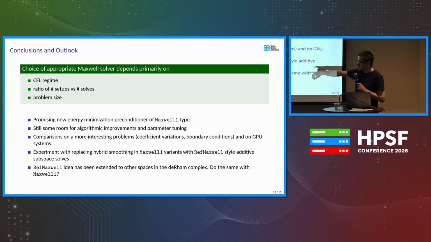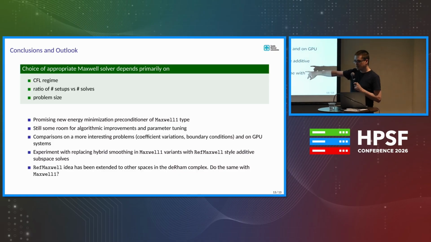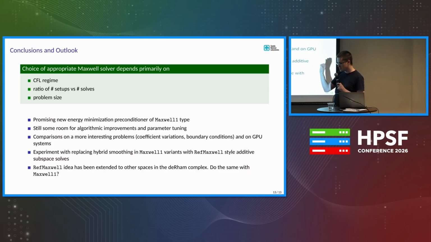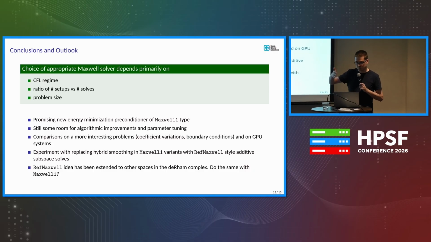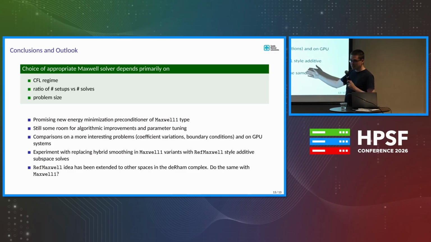The other observation is that this RefMaxwell type idea has been extended to the entire de Rham complex. Currently we're really focused on the H-curl space. You can also apply this at other spots in this de Rham sequence. We can do the same thing with Maxwell 1.